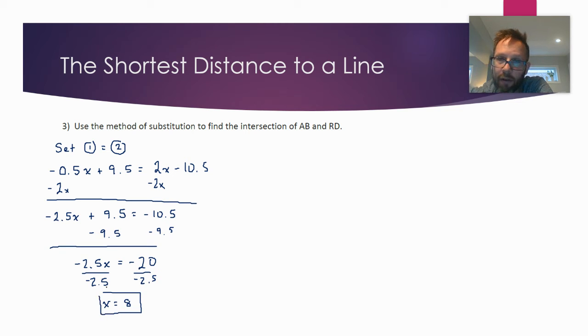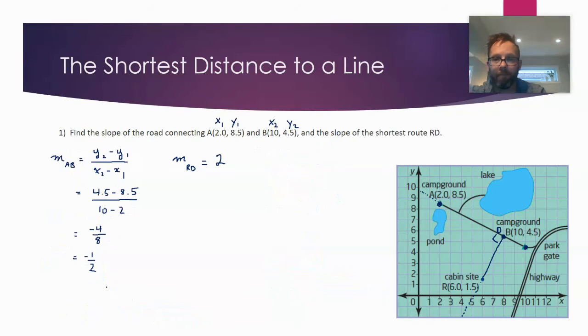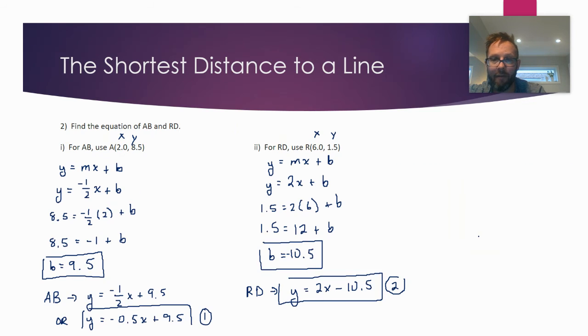Does that make sense? Let's check our diagram. Does that make sense? X equals 8 for point D? Sure does. And actually, I was a bit careful drawing my rough sketch, and my prediction was perfect. It actually is exactly at x equals 8. So that's great to know. So let's just find the y value. Looks like it should be about 5.5.